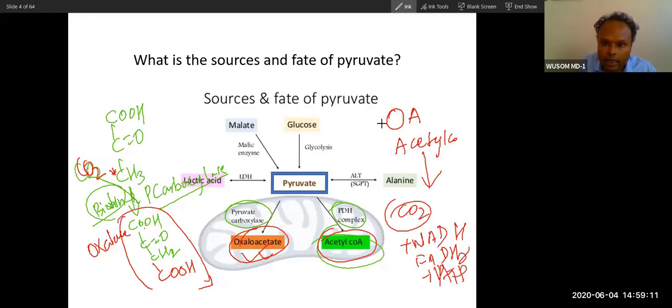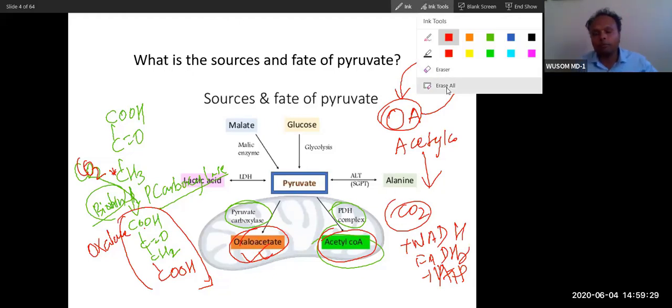But oxaloacetate will be recycled, yet it is required for the Krebs cycle. That is why production of oxaloacetate is necessary. So pyruvate will convert into oxaloacetate and also into acetyl coenzyme A.